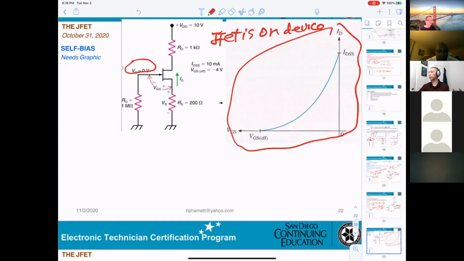That's why they say bipolar is the off device. However, on the JFET, even when the gate is 0, it is still working. So that's why they call it an on device.